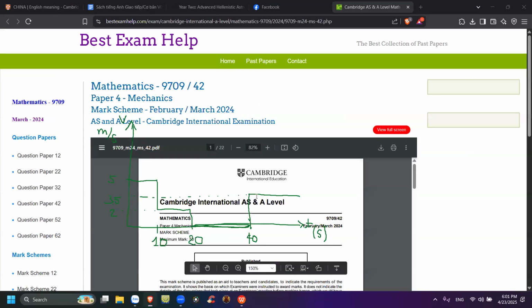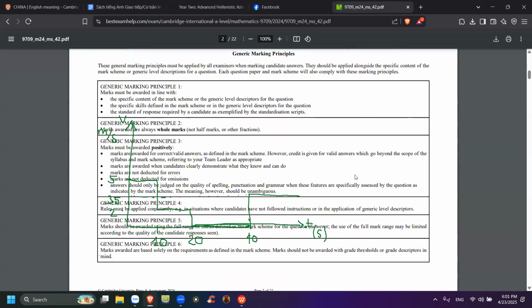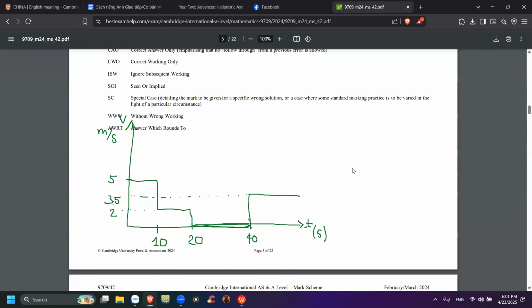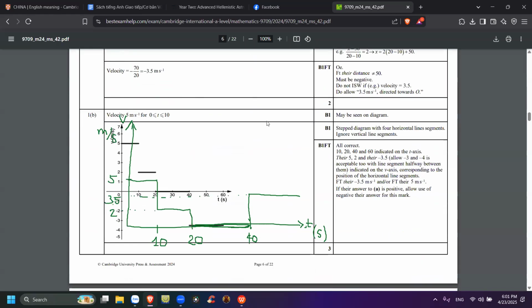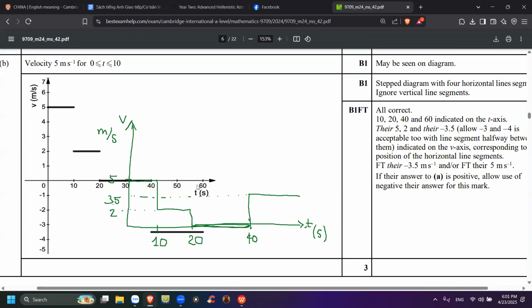So let's look at the mark scheme. Full screen, please. Yes, it's like this. 1, 2, 3, 4. Oh, so they don't connect the points like that?